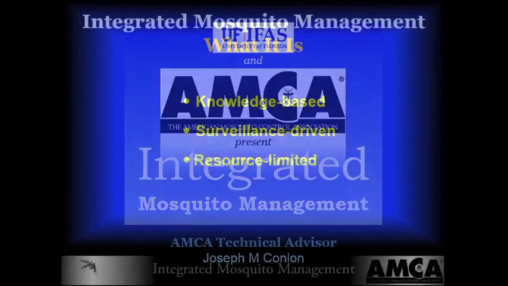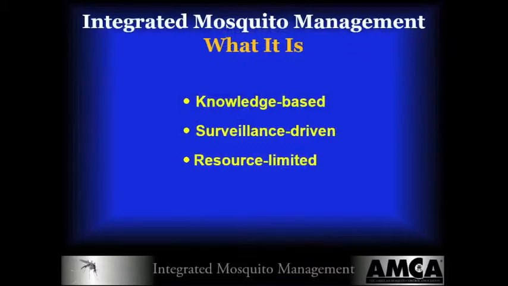Integrated mosquito management has a number of principles under which it operates. The first of these is that it is knowledge-based. You have to have a profound knowledge of the biology of the target pests that you're trying to eliminate or control. It's surveillance-driven. Once you have this knowledge, you can use survey tools to find out where your mosquito is, where it is not, what the population levels are, and whether you really need to control them or not.